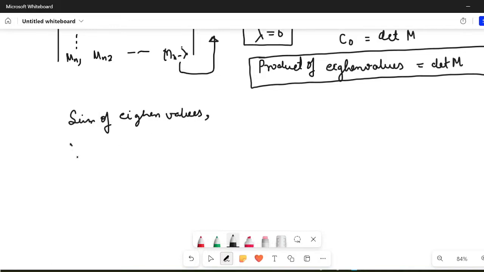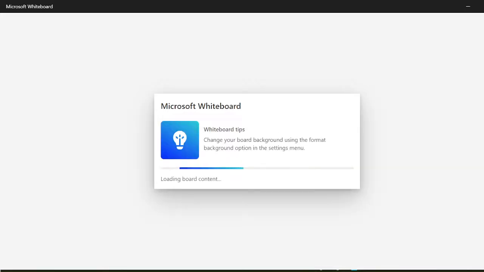So what was the sum of eigenvalues according to the characteristic equation? If I'm writing lambda 1 plus lambda 2 plus lambda 3 dash dash dash lambda n, this is equal to nothing but the trace of the matrix.